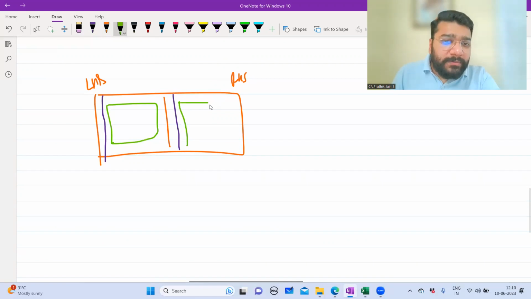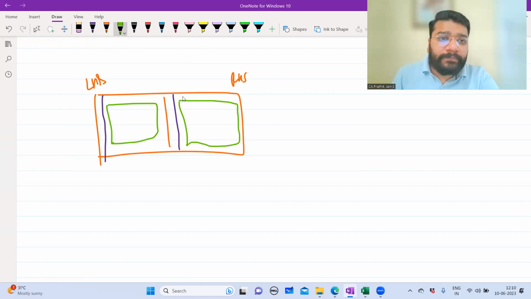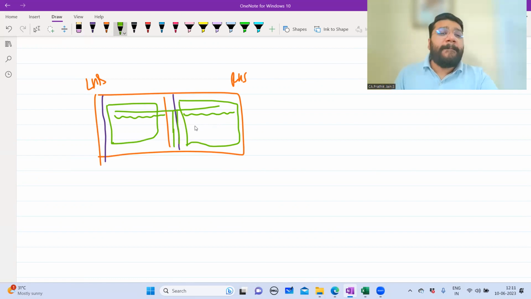So how will you draw this? We're going to use this space fully. You will draw the line like this and a center line, somewhere either here or here. You'll be utilizing this space and this space. The purple line is the margin.